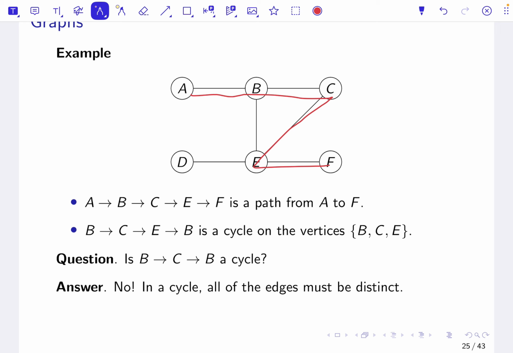Every edge is unique. B, C, E, B is a cycle on the vertices B, C, and E. Every node except the start and end are distinct, and all the edges are distinct.